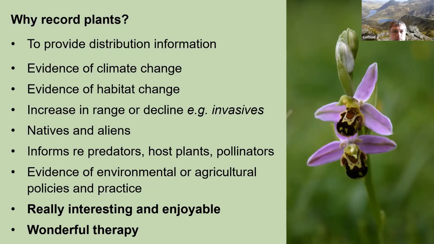It must be useful, I should have thought, to inform host plants, pollinators, predators, other life forms which depend obviously on the plants. So that's why we need to know where the plants are in the first place. And are our environmental and agricultural policies having an effect? And needless to say, since the Second World War, the number of different species in this country has declined drastically.